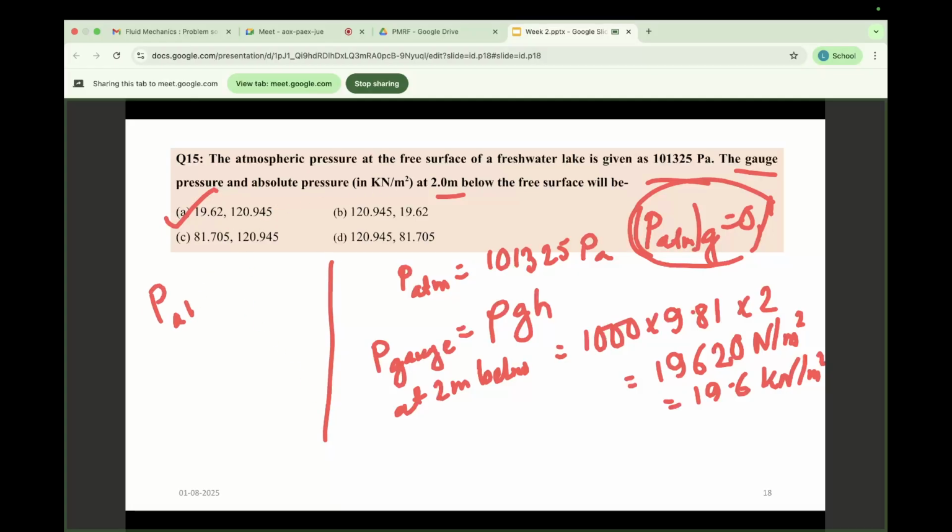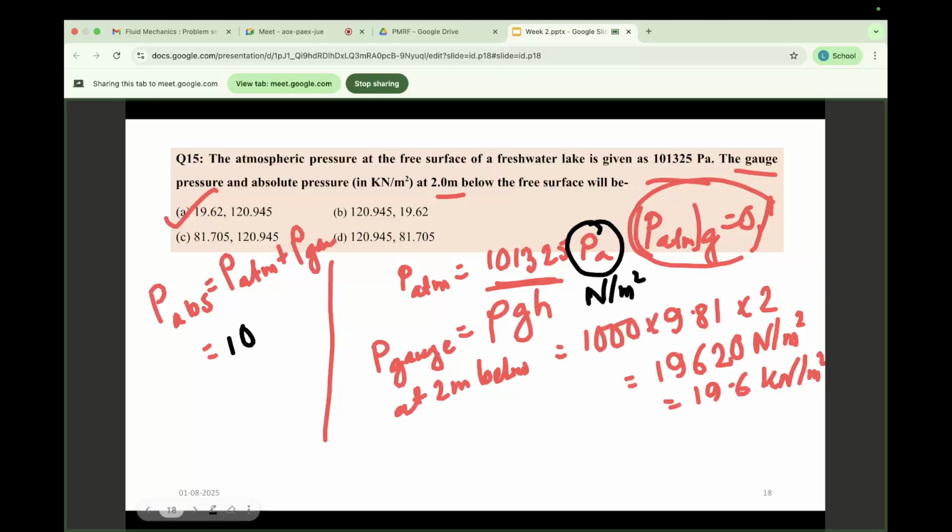What we know? Absolute pressure means P atm plus P gauge. I have written P gauge in terms of kilonewton, so I also convert P atm in terms of kilonewton. Pascal means Newton per meter square, so if I convert it into kilonewton, it should be 101.32, and for gauge it is 19.6.